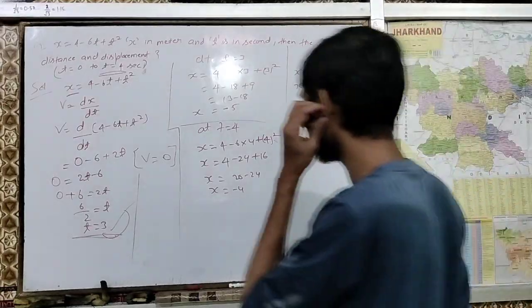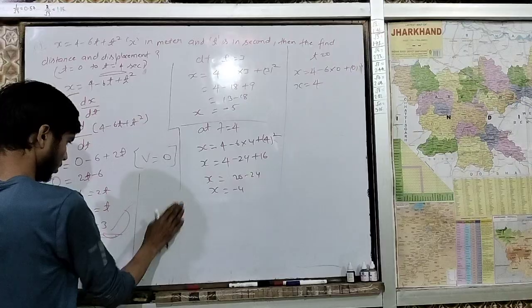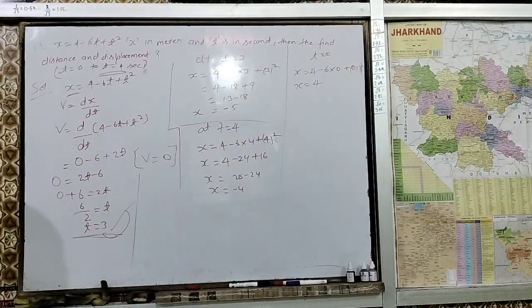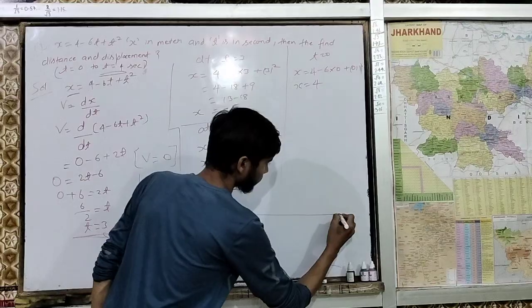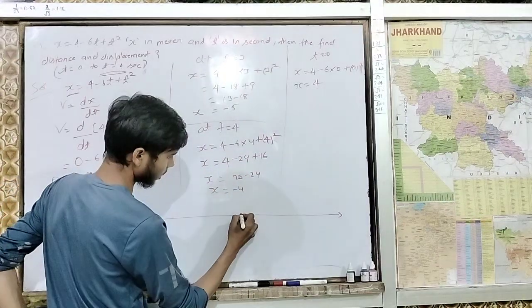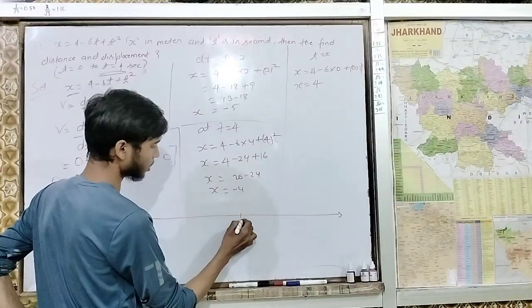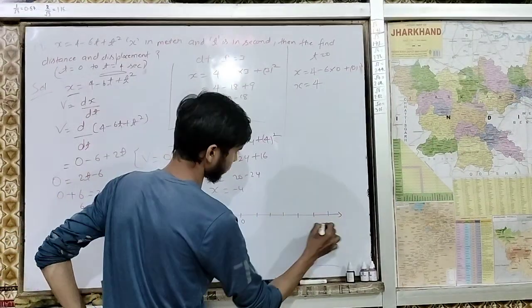Let's visualize this answer. This is at center, it is nothing but 0. 1, 2, 3, 4, 5, 6.